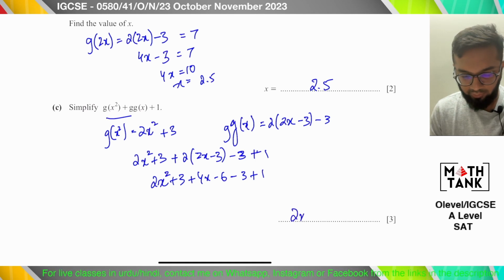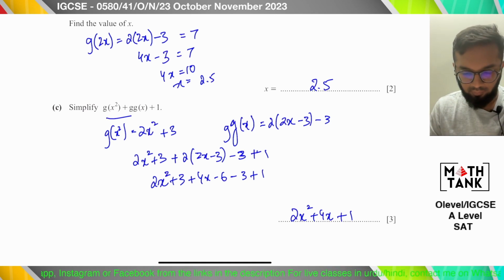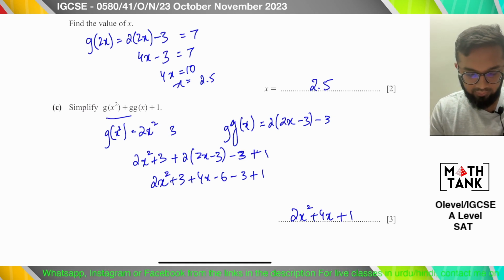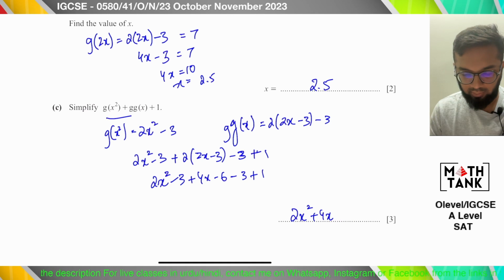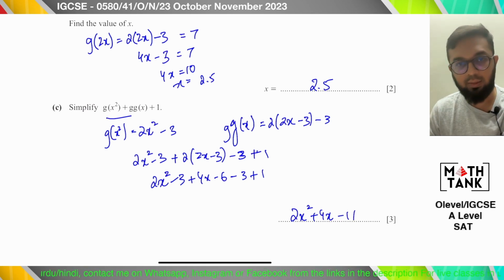So I get 2x squared plus 4x plus 1. Have I missed out something? Minus 6 minus 9. This has to be minus 3. So minus 11, yes.